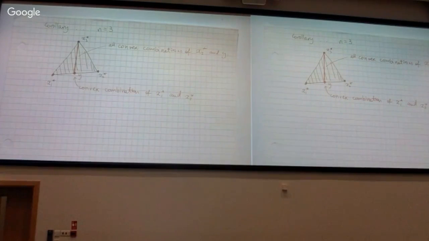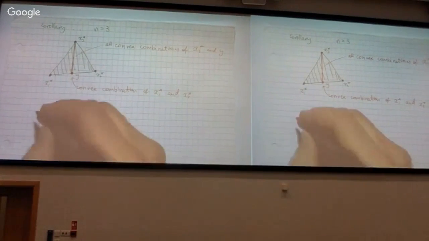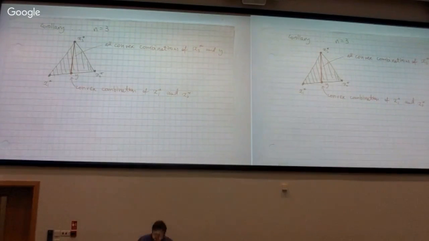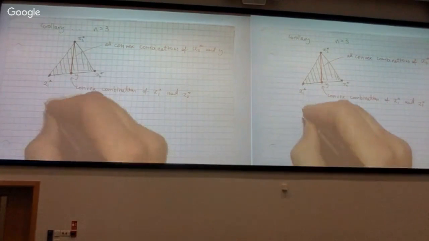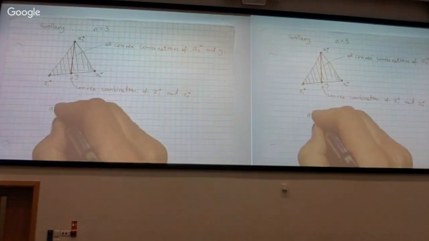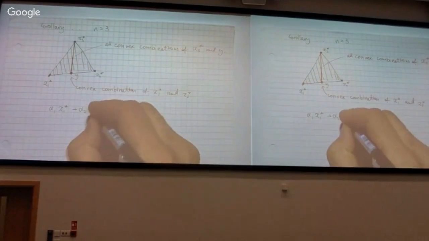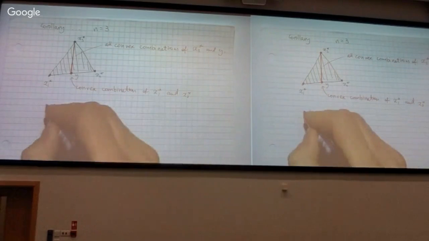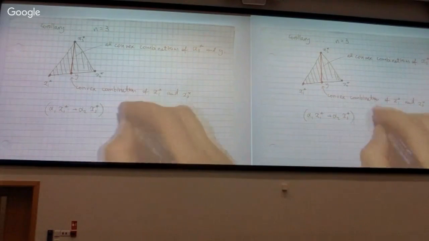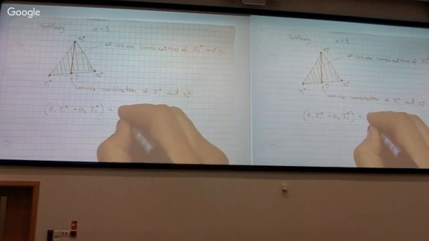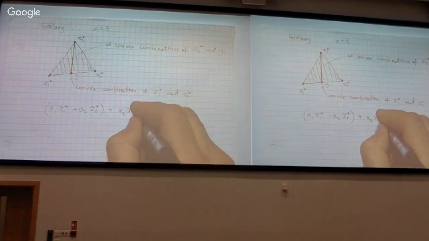Okay, so this is how you go about it, because you can really split it into two. So when you have a convex combination of all three x's, it's going to be something like alpha 1, alpha 2, plus alpha 3.